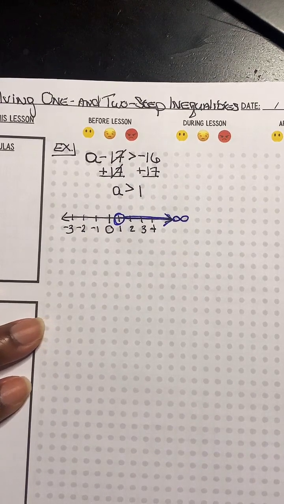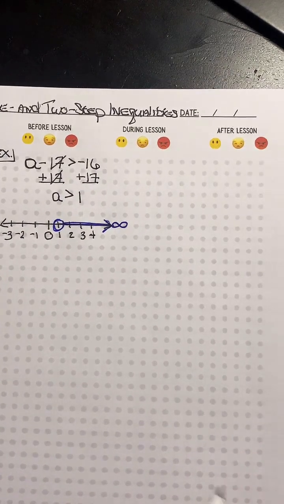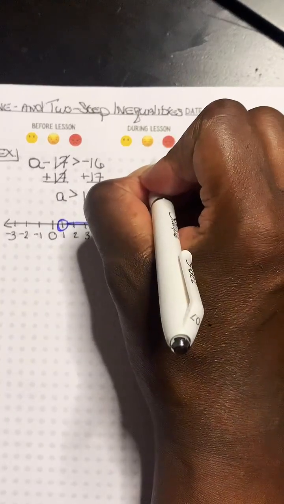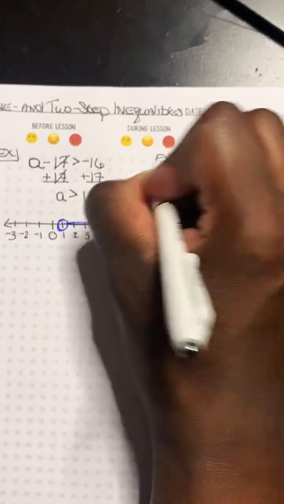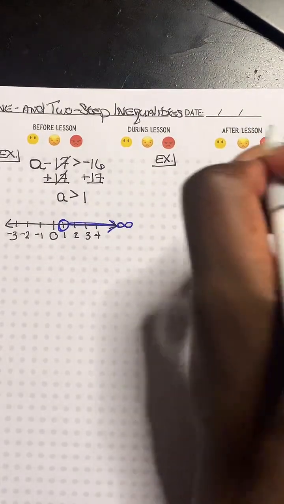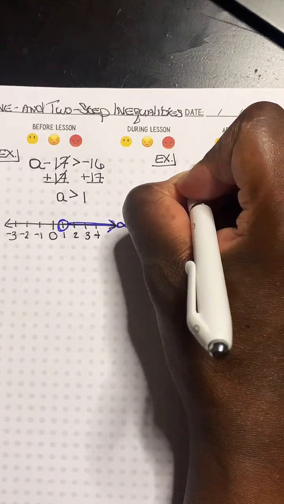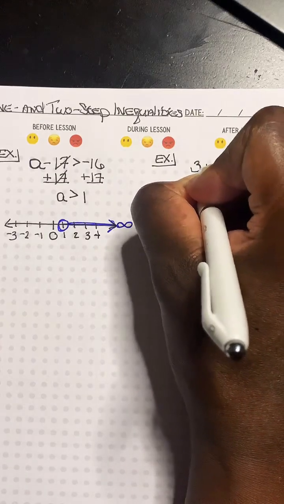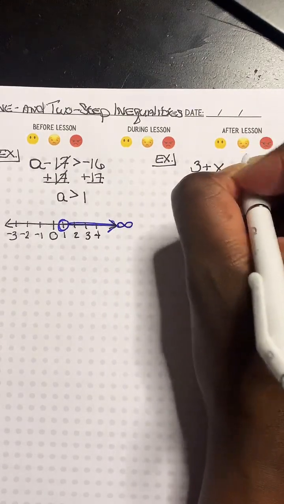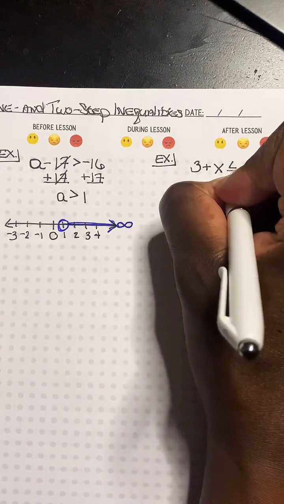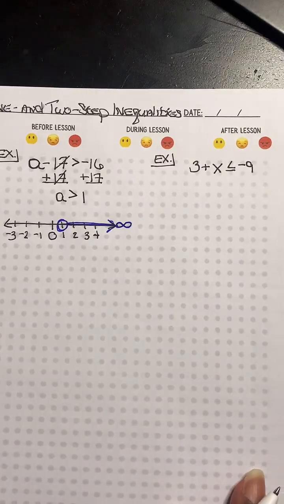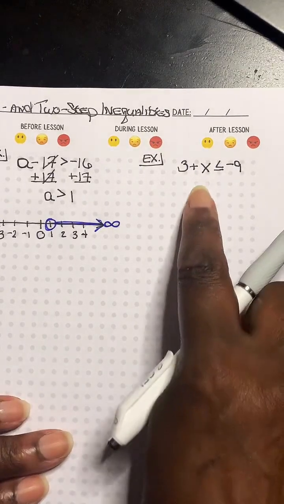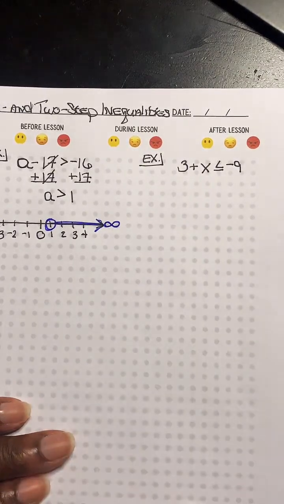So when we go into our next one, you're probably saying, is it that easy, Audrey? Yes, it is. It really is. If I have, let's say, 3 plus x is less than or equal to negative 9, I want to get my x by itself.